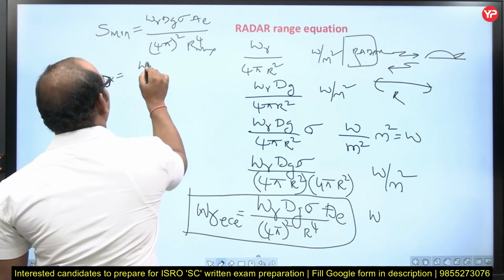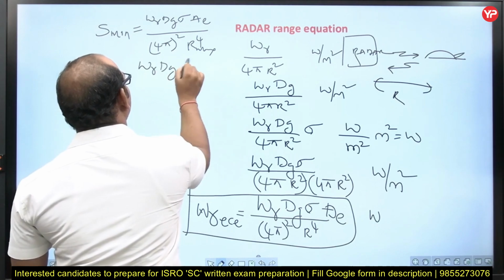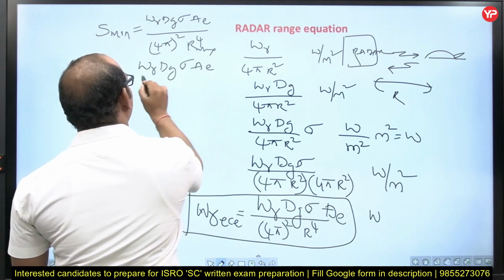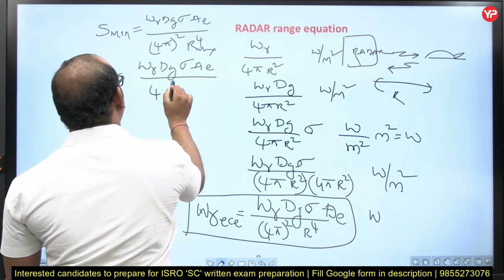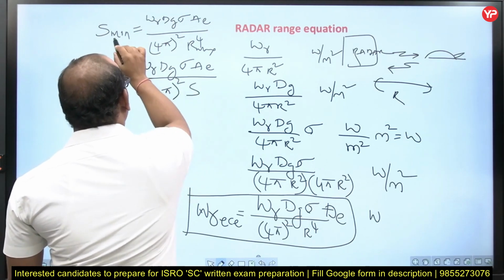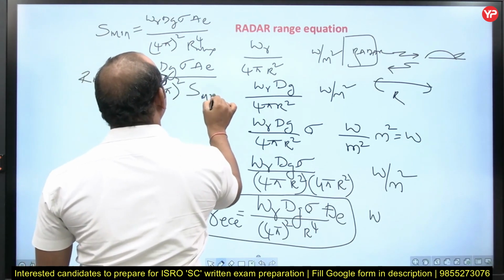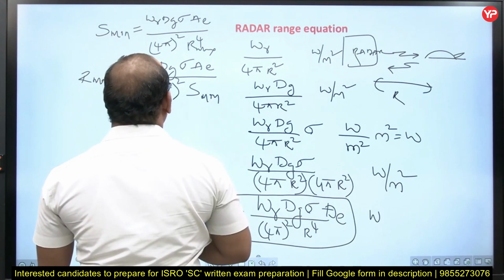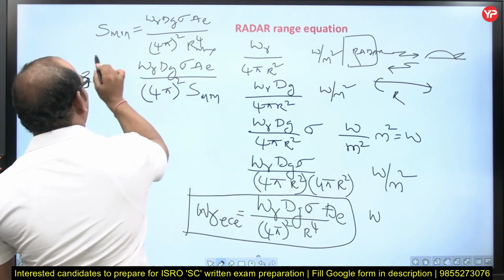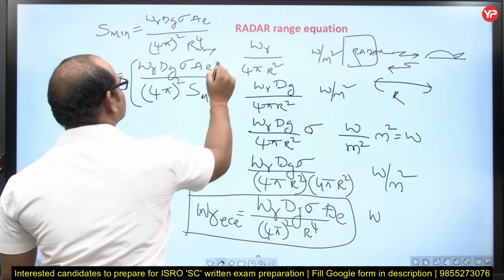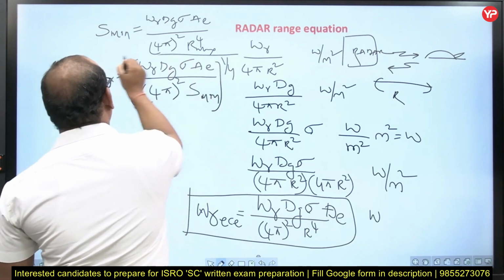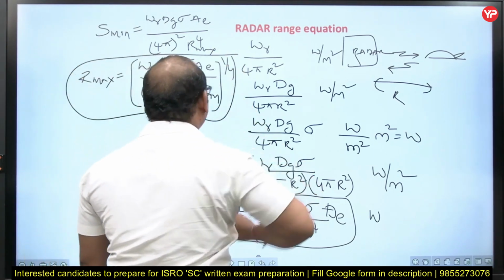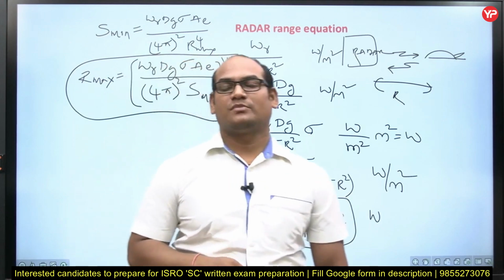It is equal to radiated power DG sigma AE by 4 pi square, and by sending this minimum detectable signal power, that is S minimum. But here R power 4 is there, so if you send that one this side, you will get power 1 by 4. So this is the radar range equation.